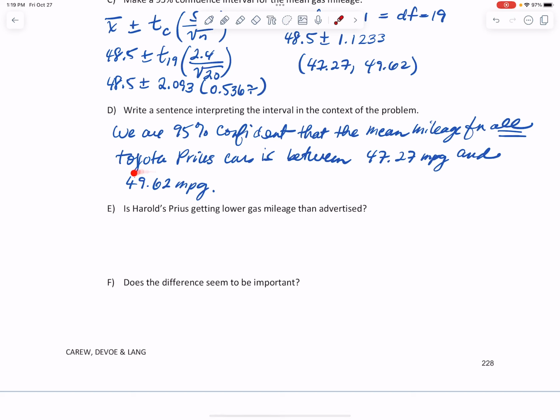If you round up to the nearest whole number, it is. But Harold's miles per gallon is within that interval. So he's not really getting a major lower difference in gas mileage than was advertised. Okay, it is lower, but the difference is not very important.